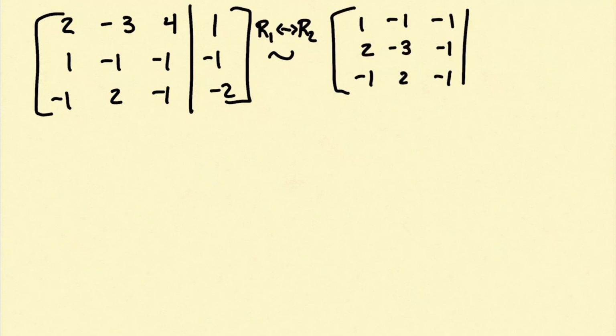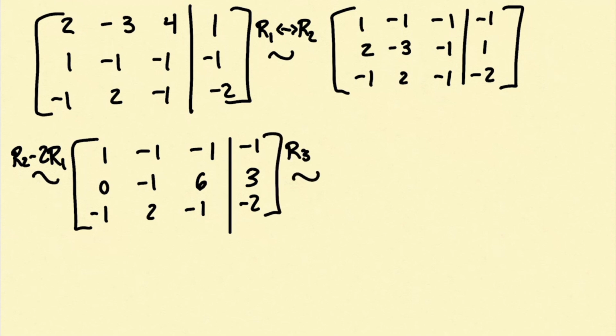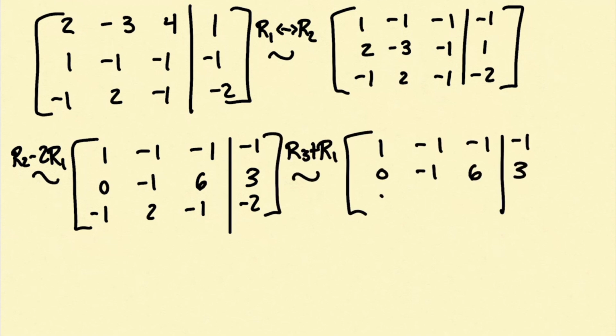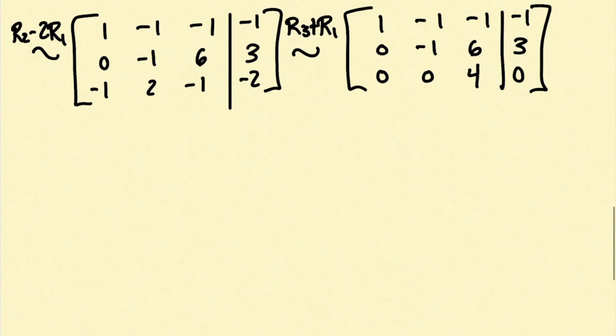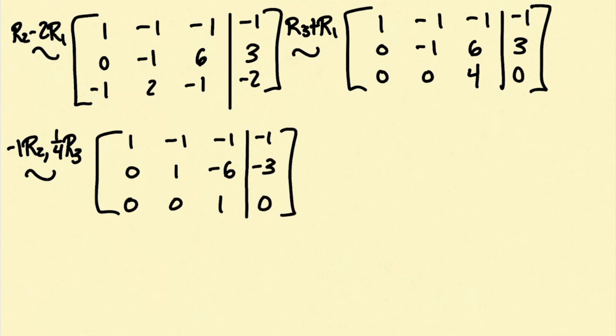That way, the leading entry on the top row is a 1. Next, we'll use this leading entry to clear the entries below. We'll first subtract twice row 1 from row 2. Next, we'll add row 1 to row 3.